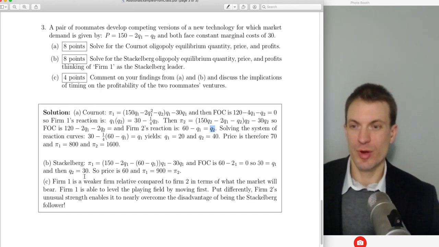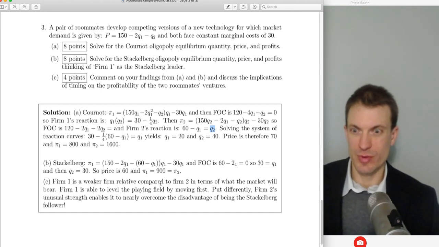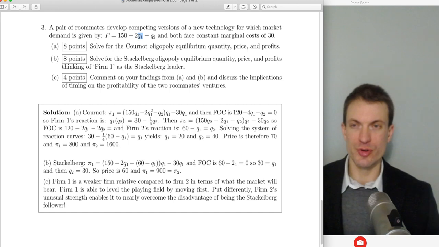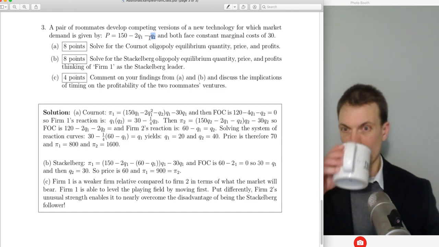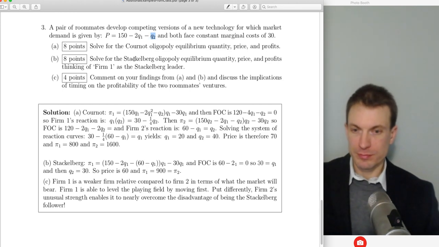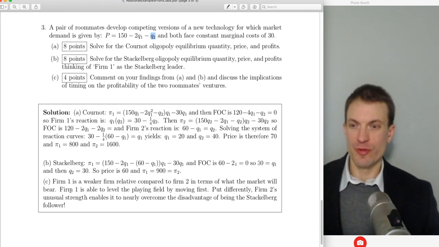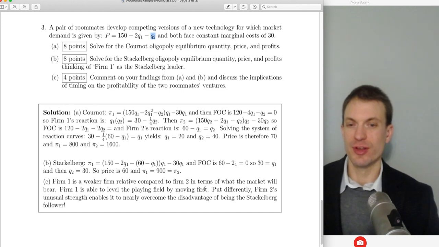What's going on? Well, firm 1 is weaker relative to firm 2 in terms of what the market will bear, right? Each additional unit of quantity 1 is going to reduce the market price by more than each additional unit of quantity 2. So firm 1 is actually able to level the playing field by moving first.